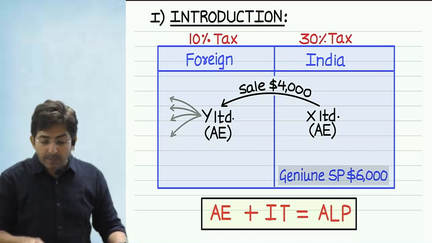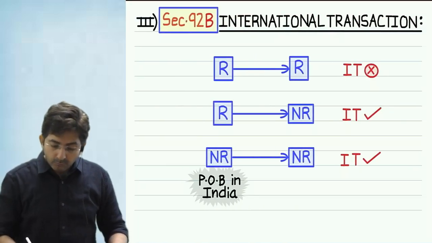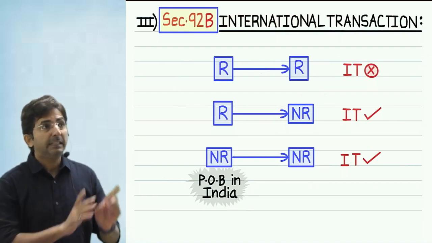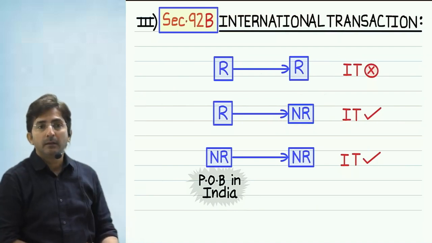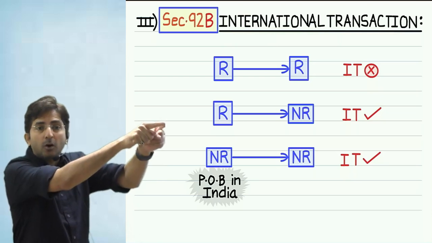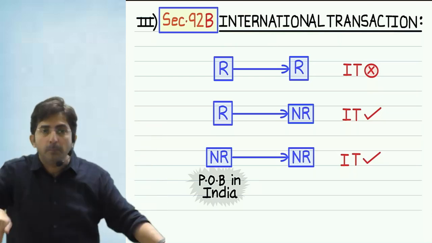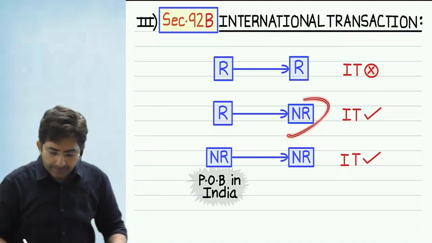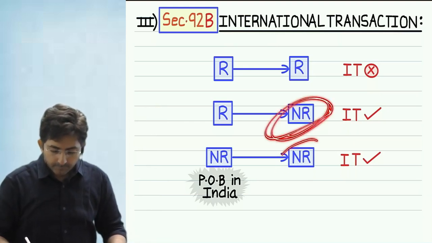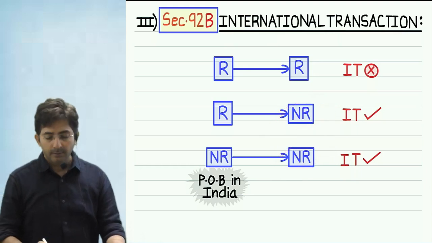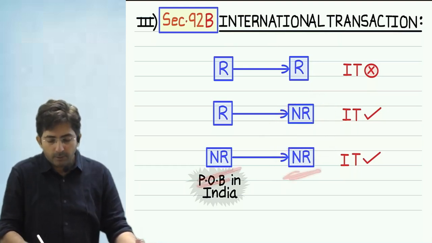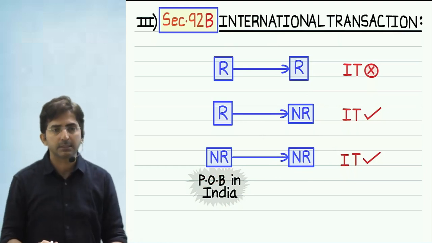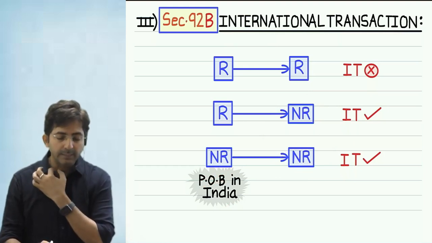At least one party should be NR means we want someone who has no connection with India, but is paying tax to a foreign government, on profit which actually belongs to the Indian government. So even if both are NR, but one of the NR has a place of business in India, it can become an international transaction. So this was 92B.